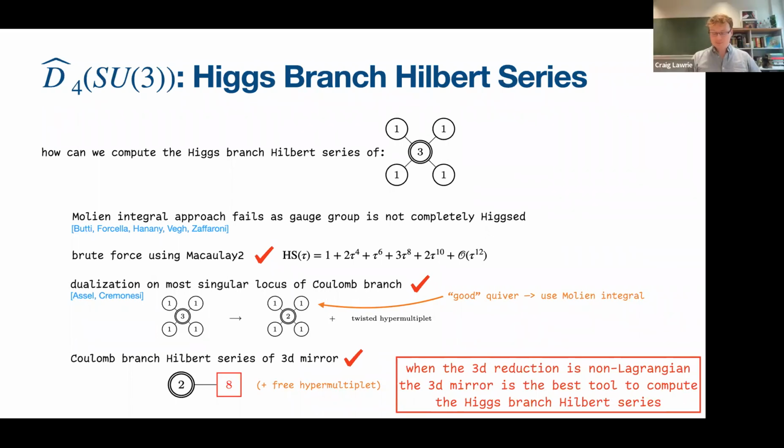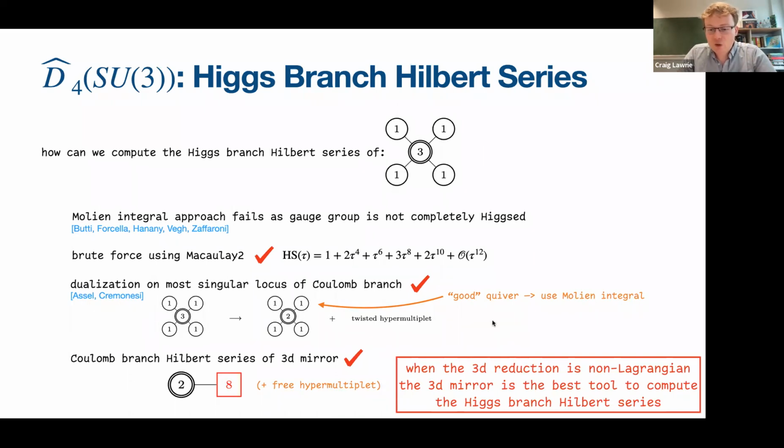Yes, exactly. But it's important, I wanted to first explain that this is around the most singular locus of the Coulomb branch of the 3D reduction, because it's actually a bad theory, and that's a slightly subtle point. But indeed, it's this thing.